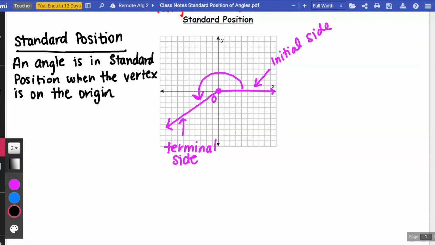So our angle here, the initial side and the terminal side meet at this vertex, which is at the origin. So that fits our definition. And one ray is on the positive x-axis.